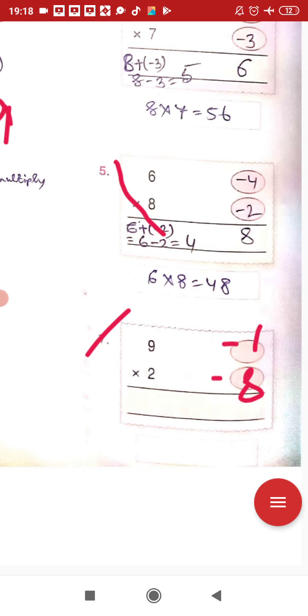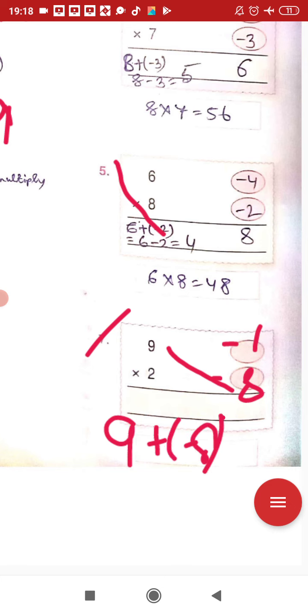Clear? Now just add diagonally. 9 with the NIKHILAM of 2. So 9 plus minus 8. So if you subtract 8 from 9, that means you will get 1.